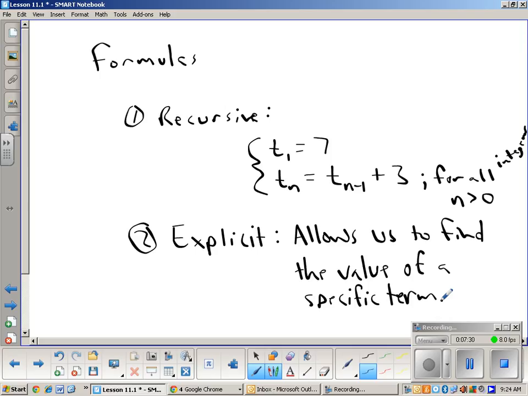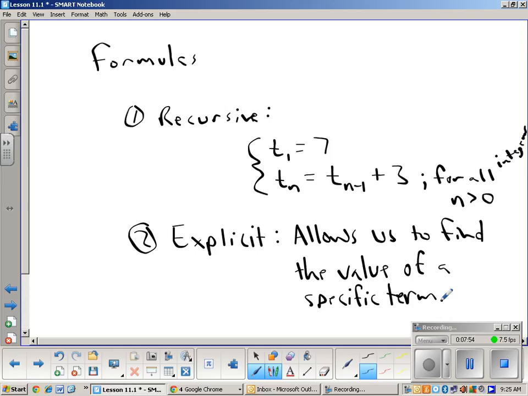Can you have square roots and squares in arithmetic sequences? Yes, you can.